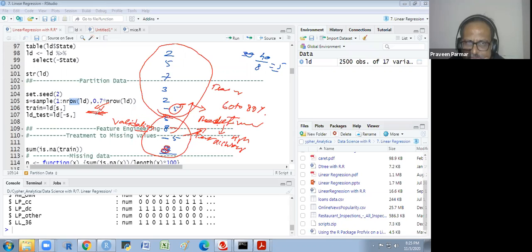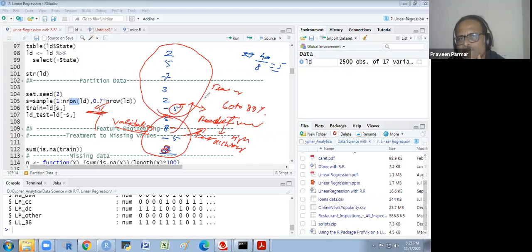Because this is the data they have sent to you later, after you train the model and validate the model. And then you apply this, and it is not performing well.